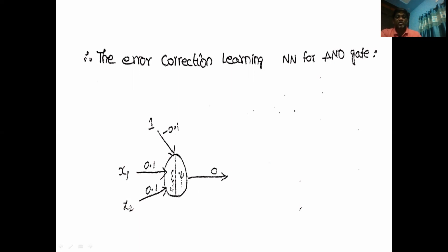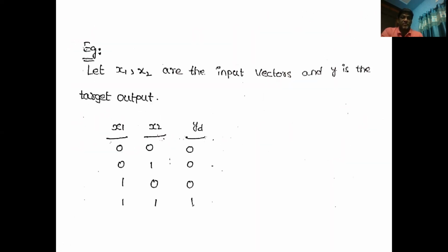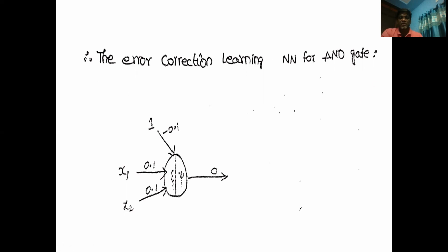Now you can test this neural network for a given input vector. Let us say I am considering this one, 1, 0, as input vector. X1 is 1, X2 is 0, and I just want to test whether the neural network will calculate the output as 0 or not.